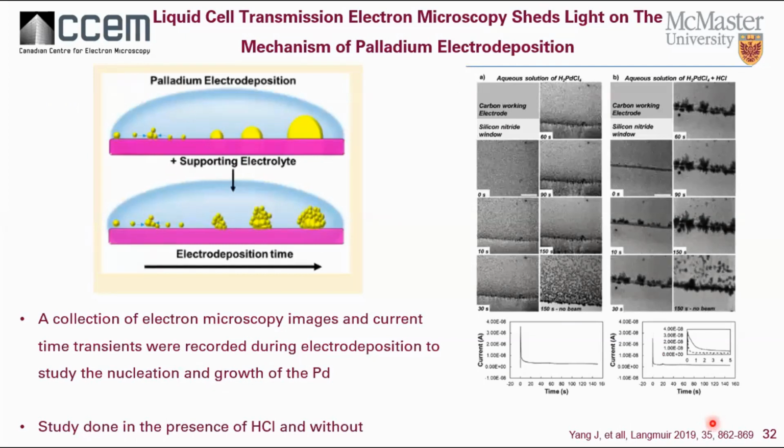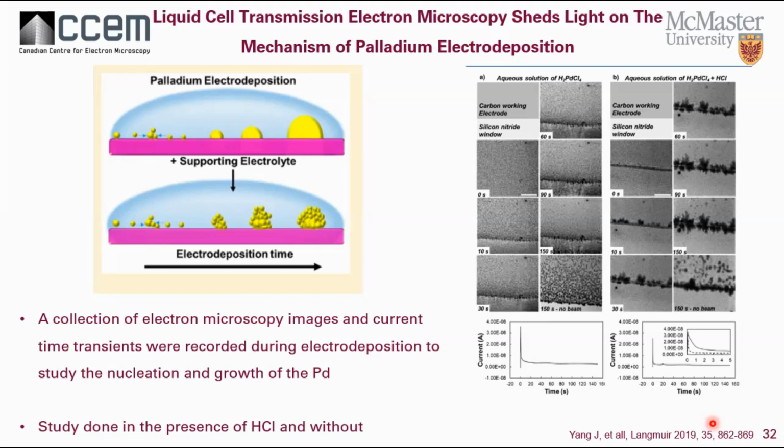This is an example where electrochemistry information was acquired during the in situ experiment. The electrodeposition process is widely used to fabricate tunable nanostructured materials in applications ranging from biosensing to energy conversion. In this study, we used liquid cell transmission electron microscopy along with post situ LCEM to investigate the electrodeposition, focusing on the effect of supporting electrolyte, and we tried to shed some light on the nucleation and growth of palladium.